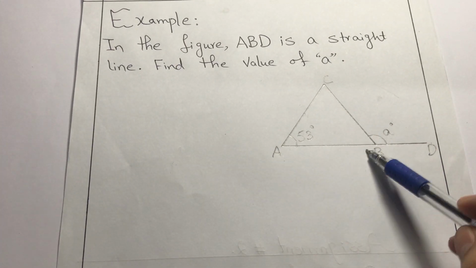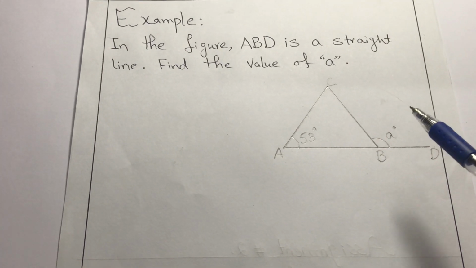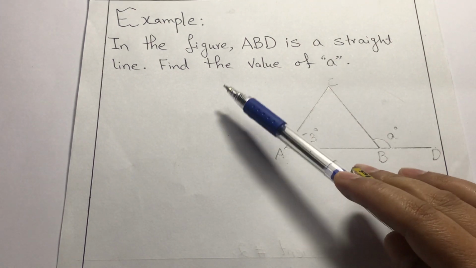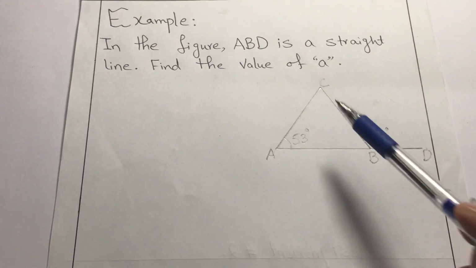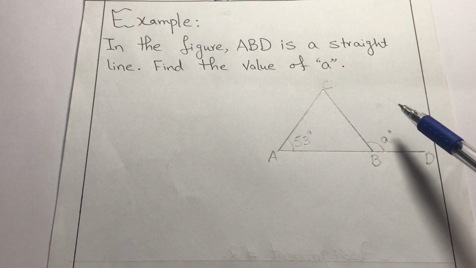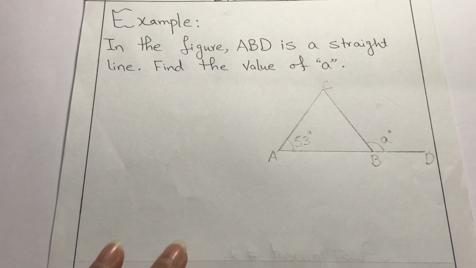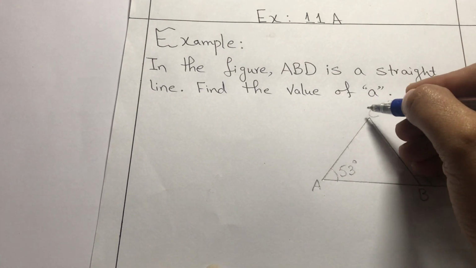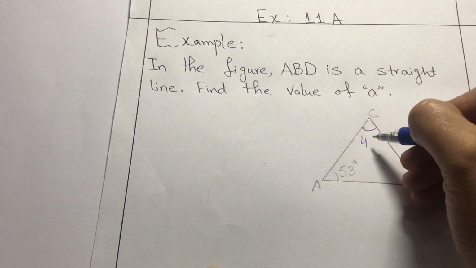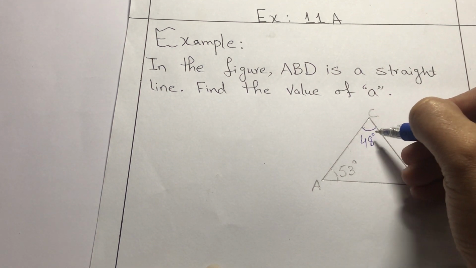And angles on a straight line always add up to 180 degrees, right? Now what you have to do is find the value of A. As you can see, A is the exterior angle and we have two interior angles, 53 and 48 degrees, right?